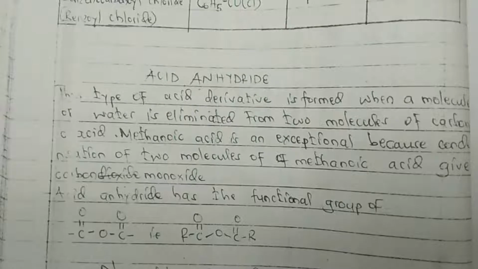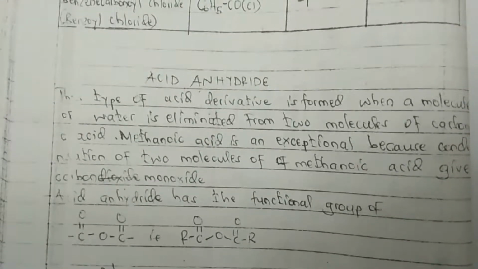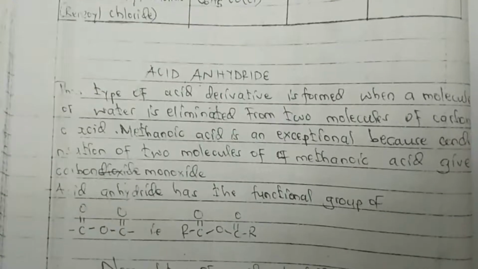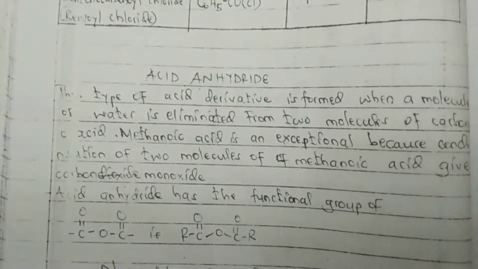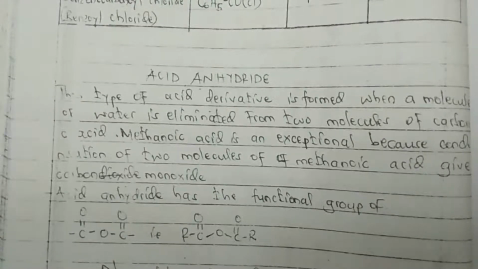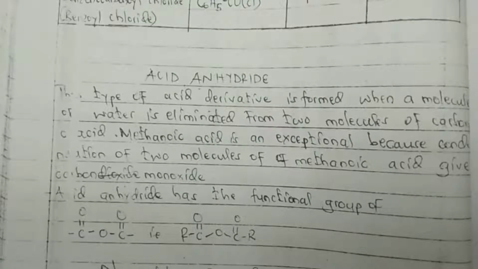Methanoic acid is an exception because condensation of two molecules of methanoic acid gives carbon monoxide. Inatupa carbon monoxide. Haitupi acid anhydride kama ambavyo tunge expect.